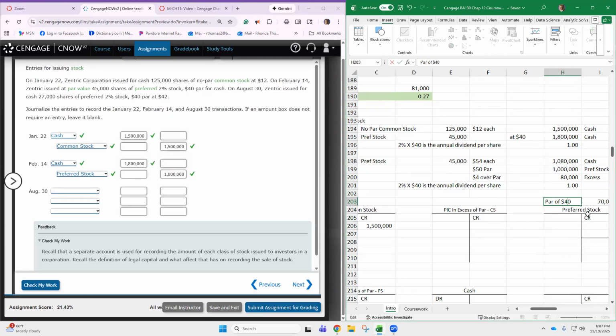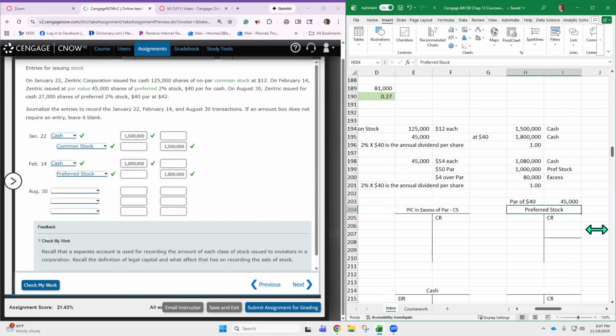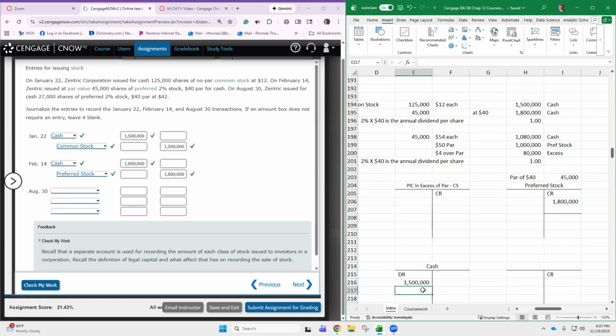We sold 45,000 shares. I like to keep track. So preferred shares ended up having $1,800,000 in it. Cash came in for $1,800,000. And those were the first two issuances of stock, both common and preferred.